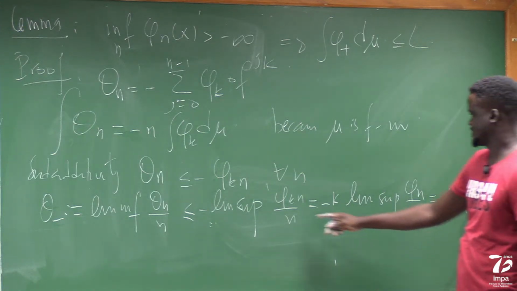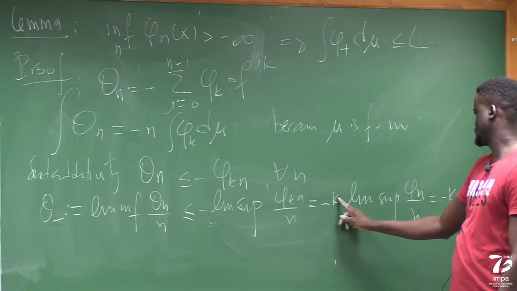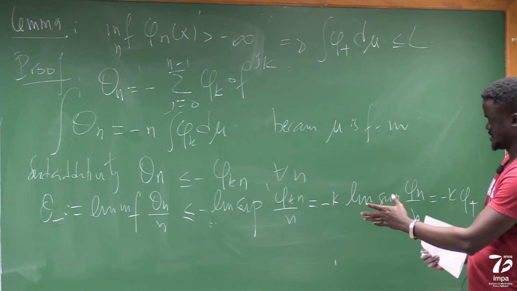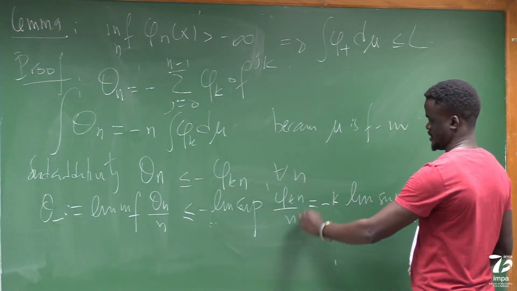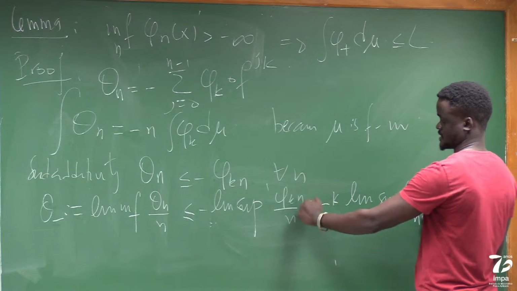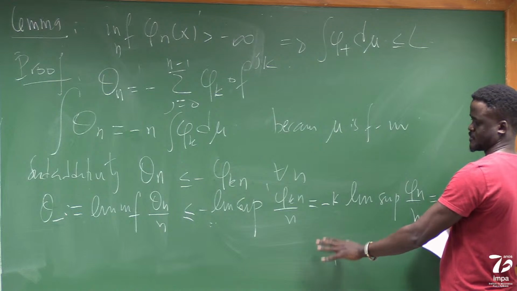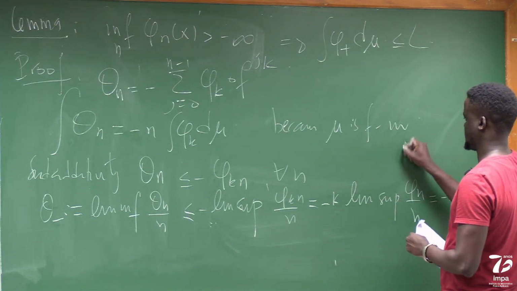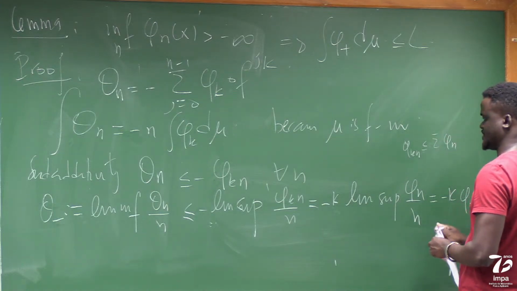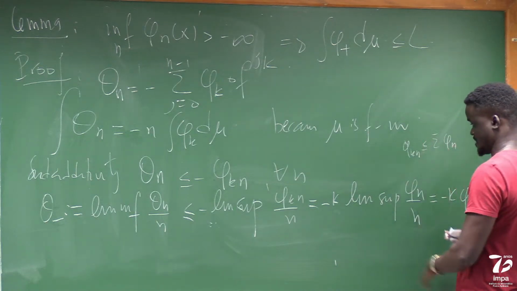One direction is easy, the fact that the lim sup is less than k times this lim sup, by sub-additivity, because you can write phi k n as less than the sum of phi n, k times, and the lim sup is less than the lim sup of the sum, and you get it.